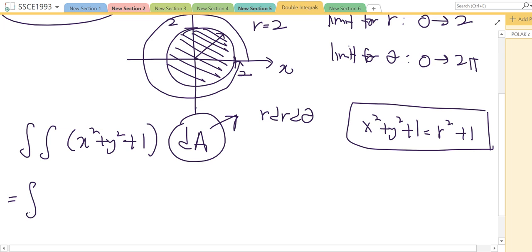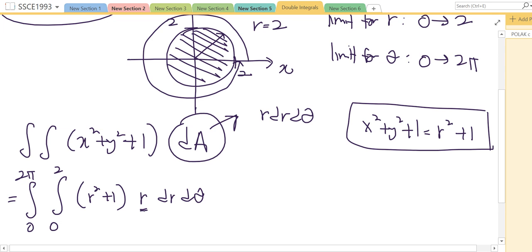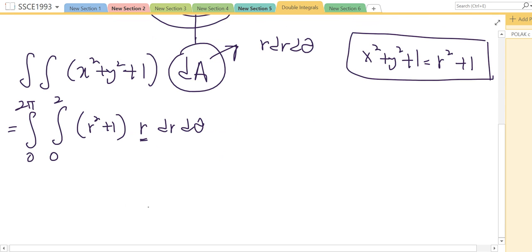The limit for theta is 0 up to 2 pi, and the limit for r is 0 up to 2. Now dA is equal to r dr d theta. Make sure that you do not miss this r. Some of the students miss that r.